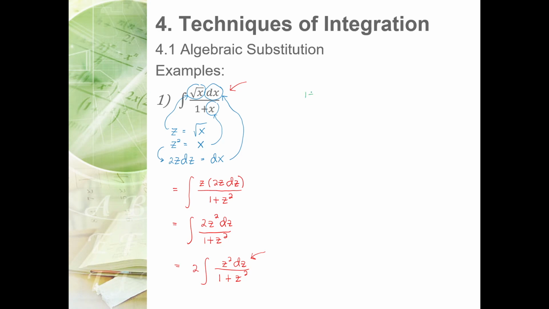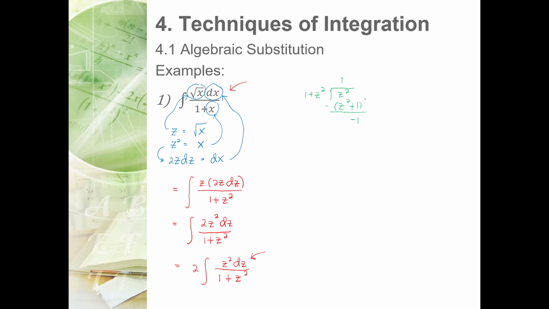So that's 1 plus z squared, then divide by z squared. z squared divided by 1 plus z squared, that's 1. So z squared plus 1 and then minus. We can go very basic with this one.